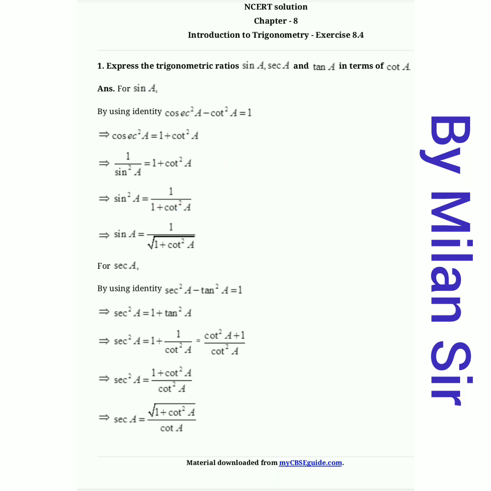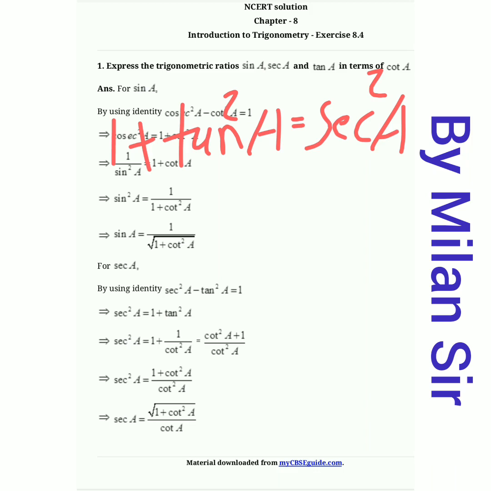Now the second thing is sec A. Right? Here we have two ways. From sin A we can find cos A, because one identity is there, sin square theta plus cos square theta is equal to 1. And from cos we can convert it into sec. Second, it is the second identity, 1 plus tan square A is equal to sec square A. Now in place of tan square A we can write 1 upon cot square A. Right?